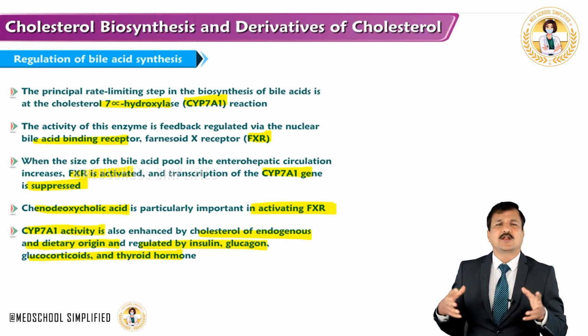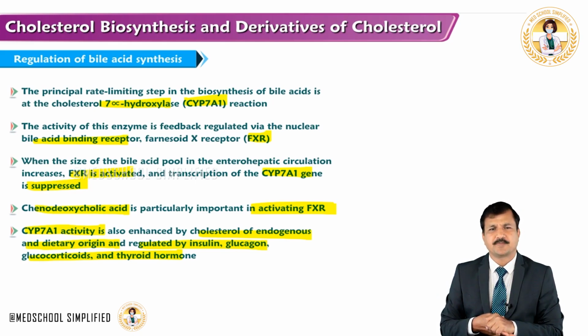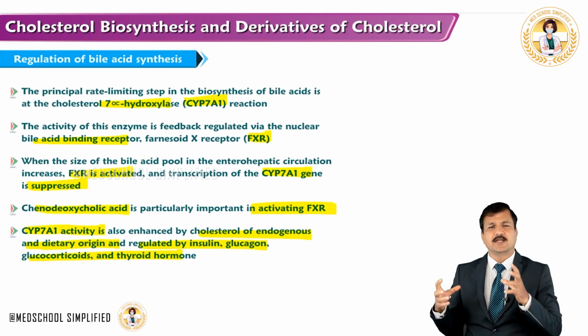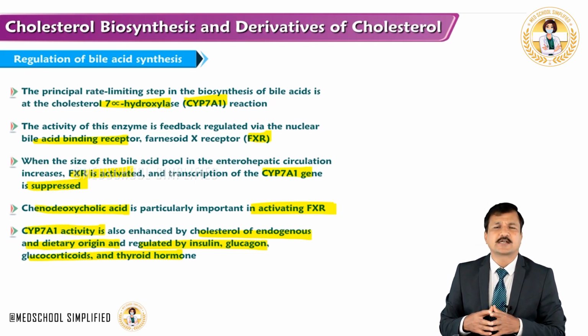And the bile acids are regulated at the 7-alpha-hydroxylase enzyme step, and the regulation is mediated by a nuclear receptor called the farnesoid X receptor. So that's about bile acid synthesis.